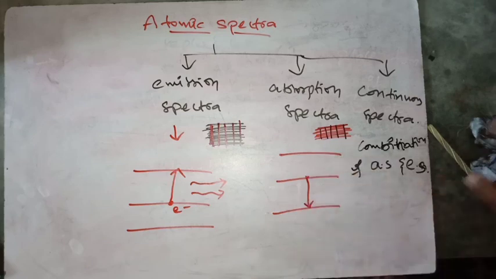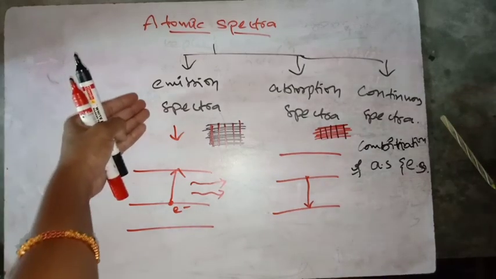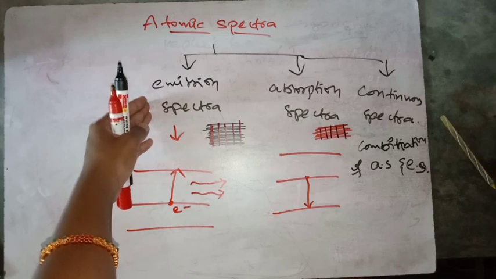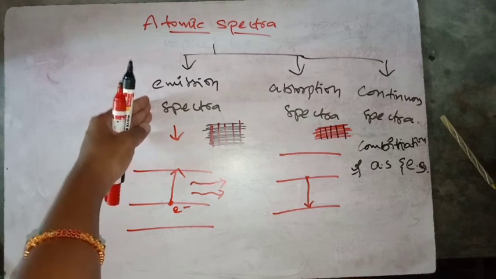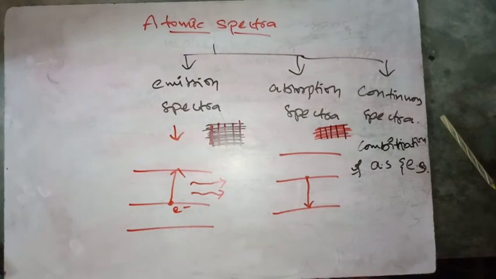And coming to the spectrum of hydrogen atom. When an electron transition takes place in a hydrogen atom, the obtained spectrum is emission spectrum. Okay, I will explain in detail.